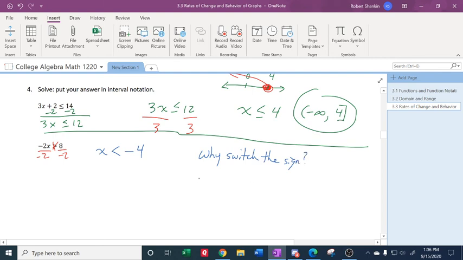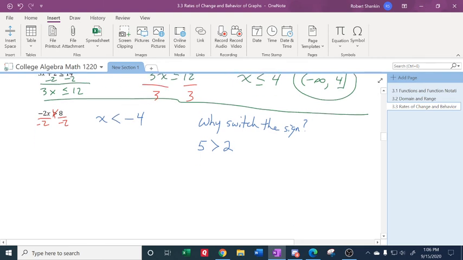All right, I'm going to give you something. Does everybody agree that this is true? 5 is greater than 2. Now I'm going to do something to both sides, and will I still get a true statement? So this is true.